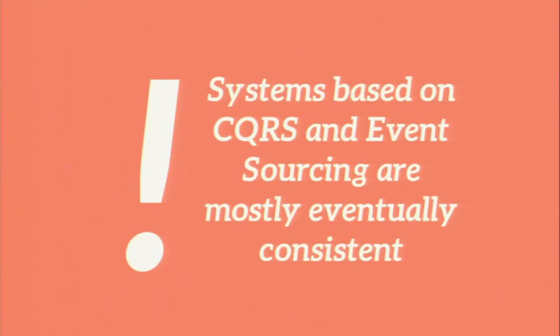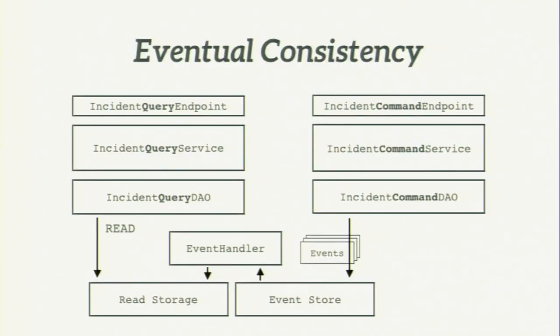Systems based on CQRS and event sourcing are mostly eventually consistent. I would actually go this far and say nearly any distributed system in the world is, to a certain degree, eventually consistent. So there is hardly a full consistency in distributed systems.